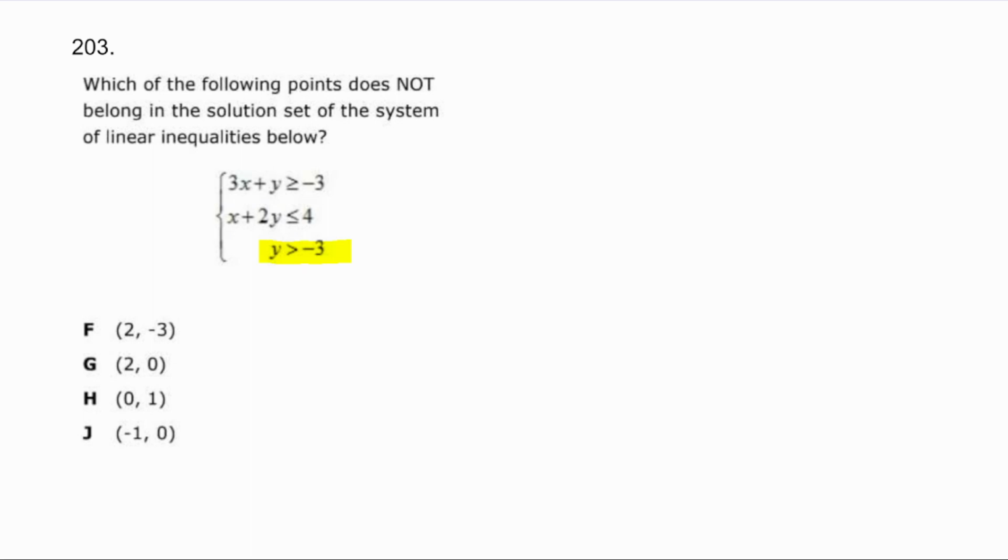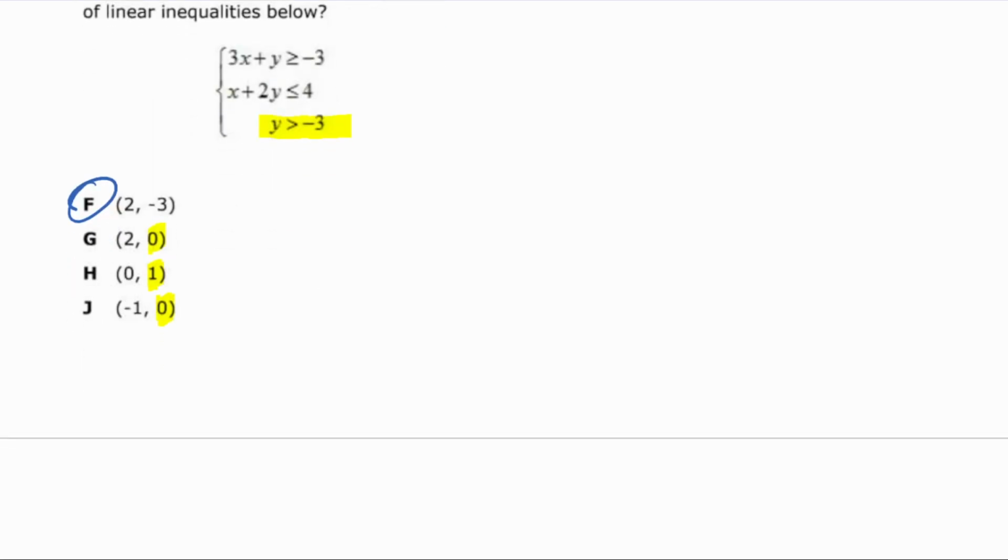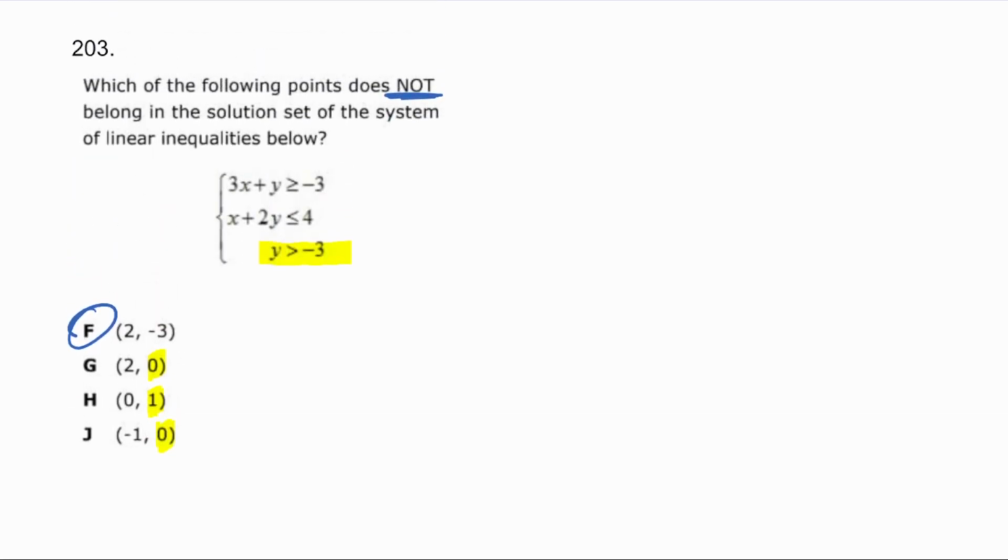Y is greater than negative 3. And y is greater than negative 3 for all three of these. But negative 3 itself is not greater than negative 3. It's equal. So I know that this is going to be the one that does not belong in the solution set. I know it doesn't fit all three because I can see it doesn't fit the one that I highlighted in yellow. So that's all I've got to say about that particular example. I guess that's all for that page.